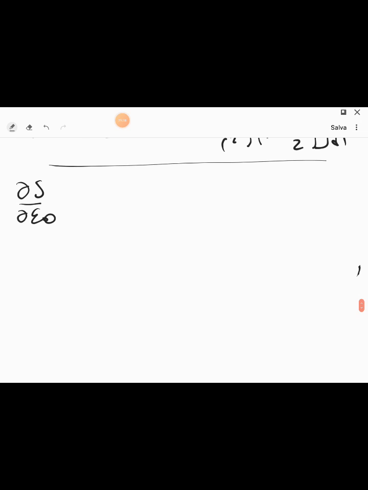Energy zero is the energy of a corp, and energy prime is the energy of the corp that makes the gravitational field. So this derivative is equal to a constant. And thanks to this, we can find t.